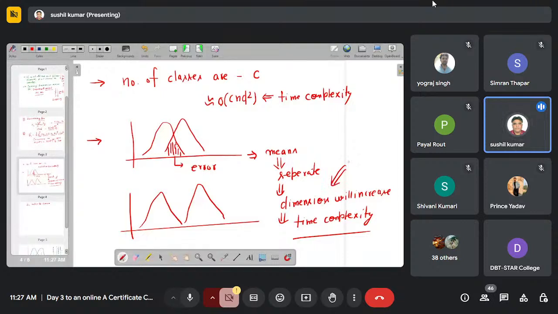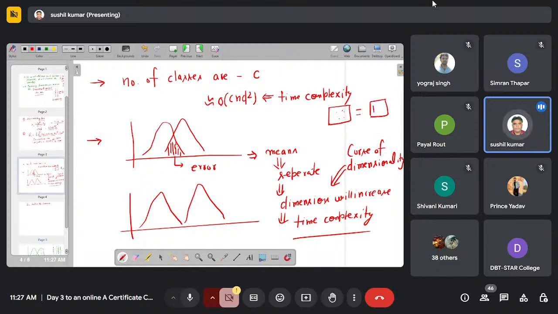Why the curse of dimensionality? Increasing the dimensions is very important, and you can understand it like, suppose you have 5 images of a cat, only 5 images, or you have 100 images of a cat.